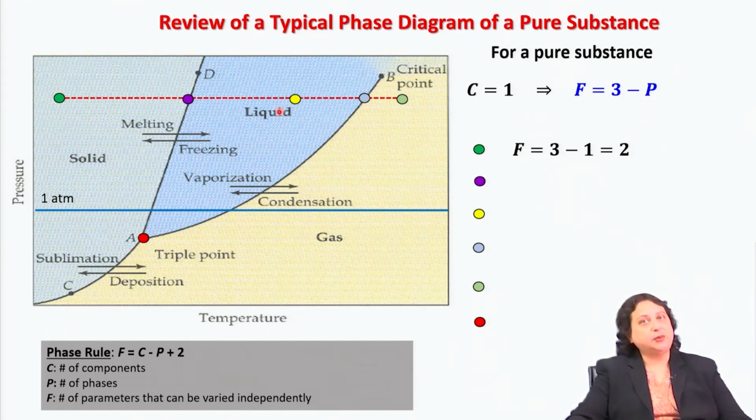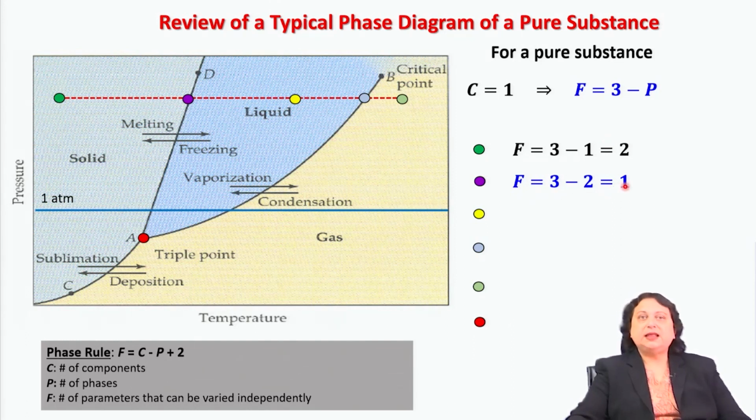Now, if I am somewhere here, experimentally I get a point where the solid and the liquid phases are coexisting in equilibrium. So, how many phases are there? There are 2 phases. So, p is equal to 2 at this point. So, f is equal to 3 minus 2, that is equal to 1.